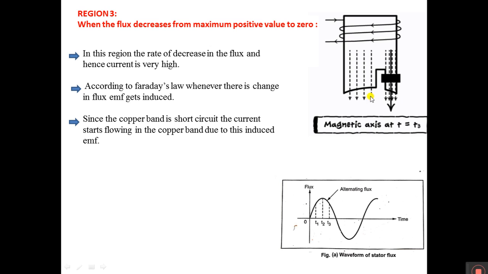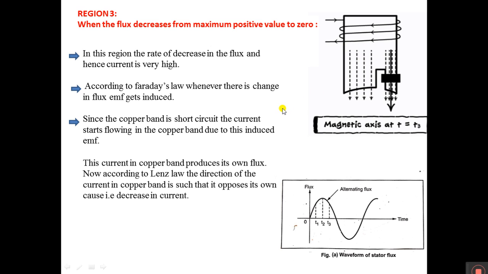Since the copper band is short circuited, current starts flowing in the copper band due to the induced EMF of this winding. Now this current in the copper band produces its own flux. According to Lenz's law, the direction of current in the copper band is such that it opposes its own cause, that is the decrease in current.